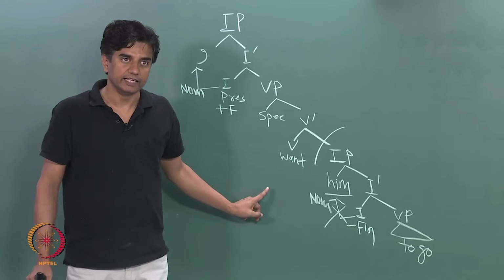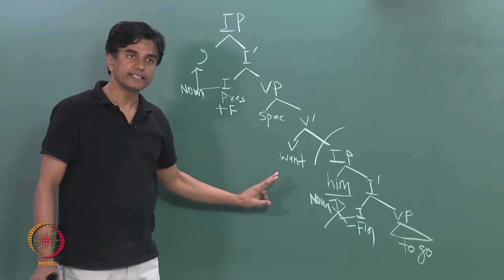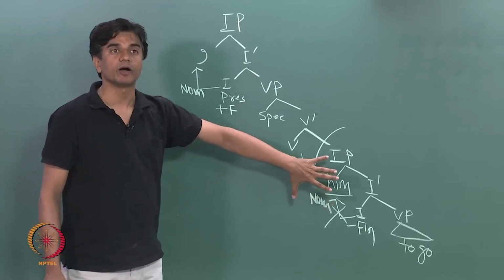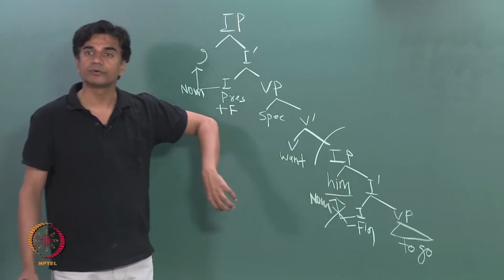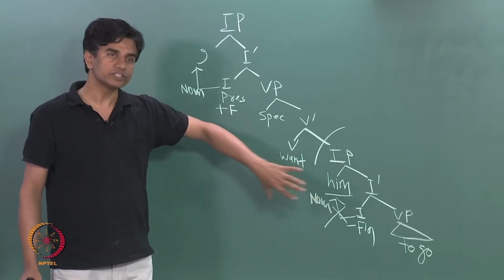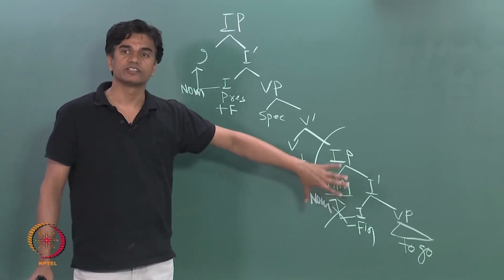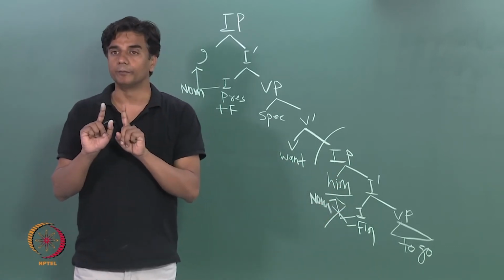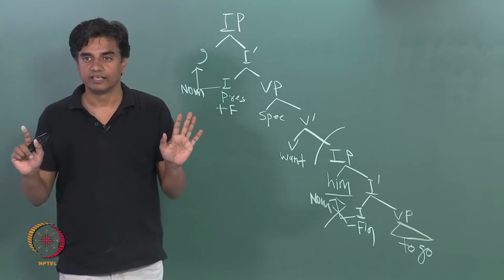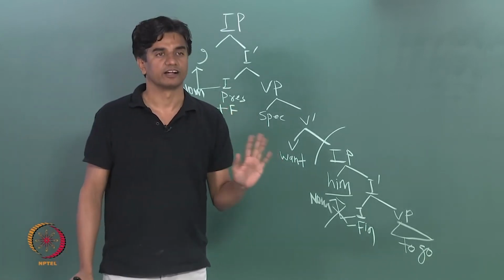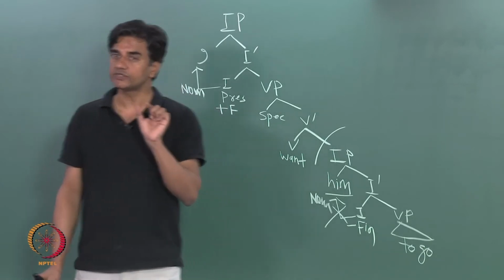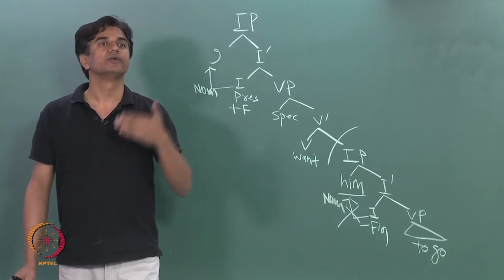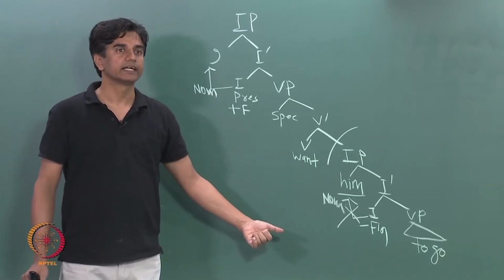This theory, case theory, with the help of X-bar scheme, not only explains the problem clearly, but it also provides solutions. Of course, with patches, but solutions to the problems that it comes up with. It doesn't try to brush the problems aside. It does not put the problems under the rug. Okay? It lets you see the problem clearly. And therefore, if you can see the problem clearly, you can try to solve them in a clearer fashion.